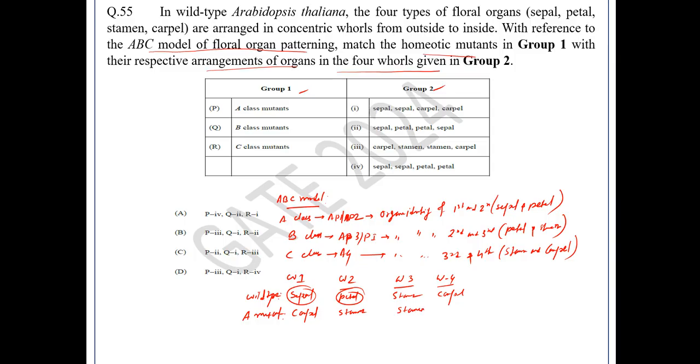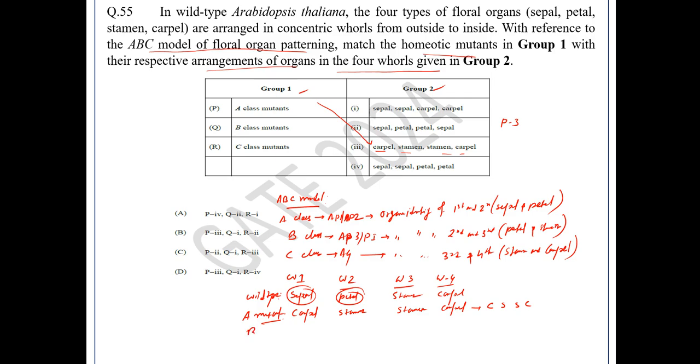So in whorl 3 there is a stamen, and in whorl 4 there is a carpel. So the pattern becomes carpel, stamen, stamen, carpel. According to this, the A class mutant matches with carpel, stamen, stamen, carpel. So P matches with 3.